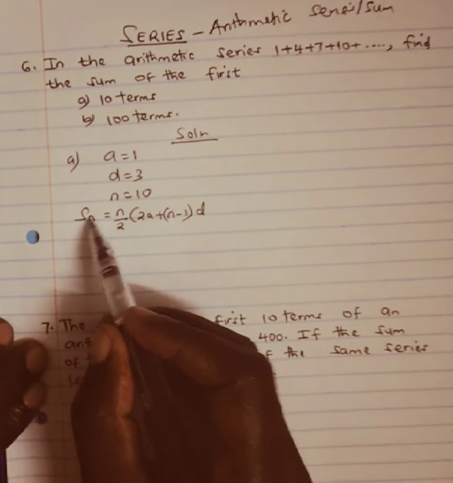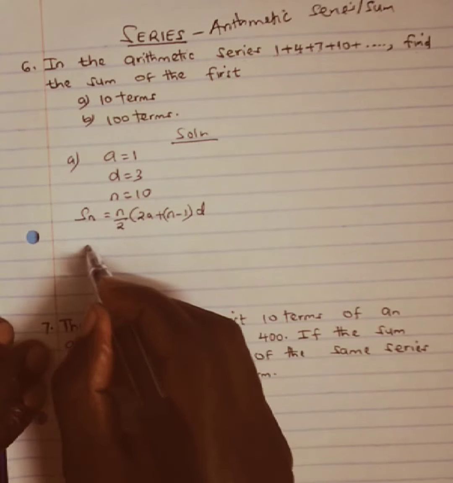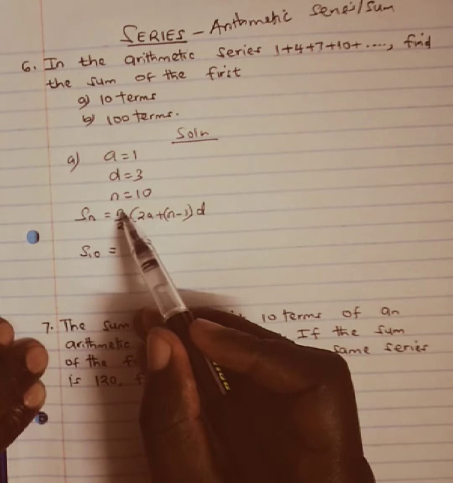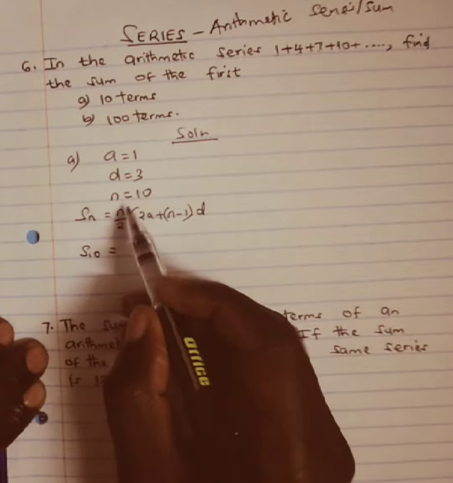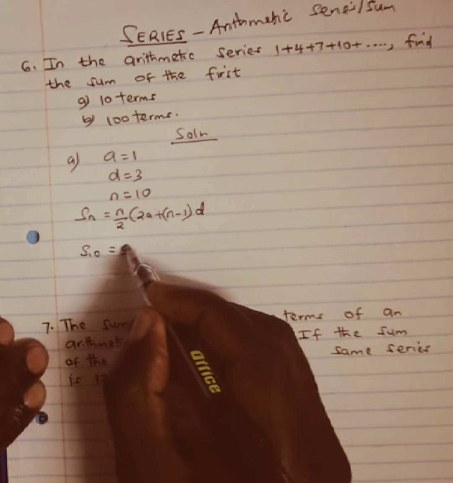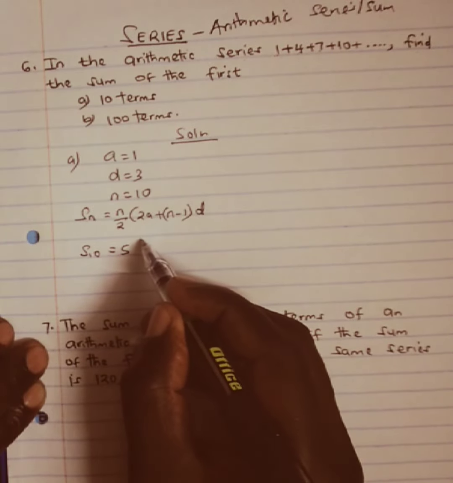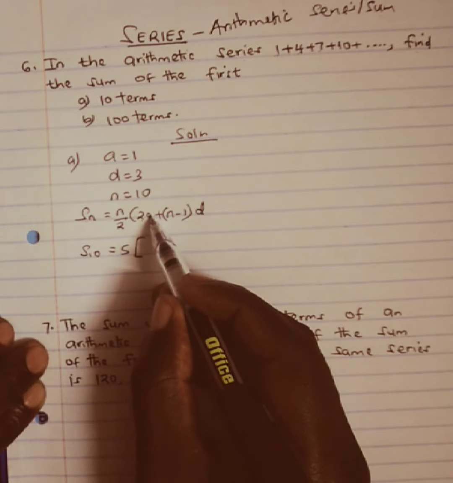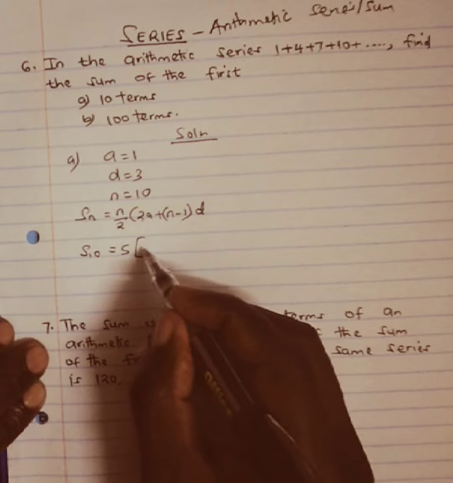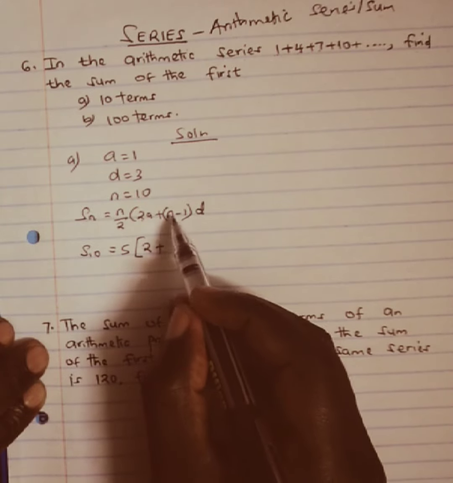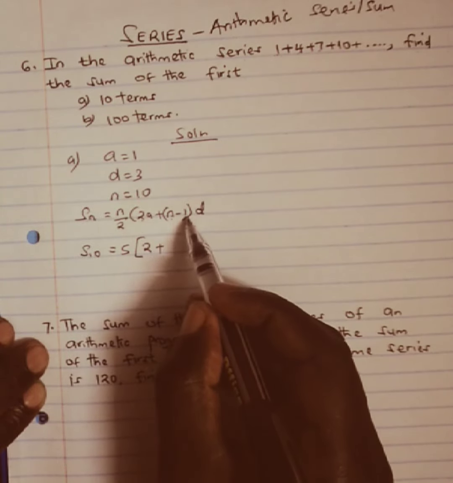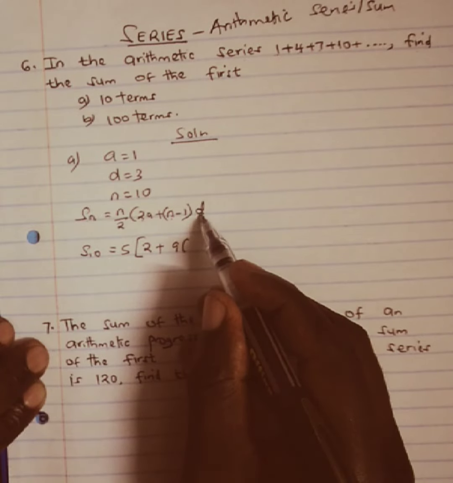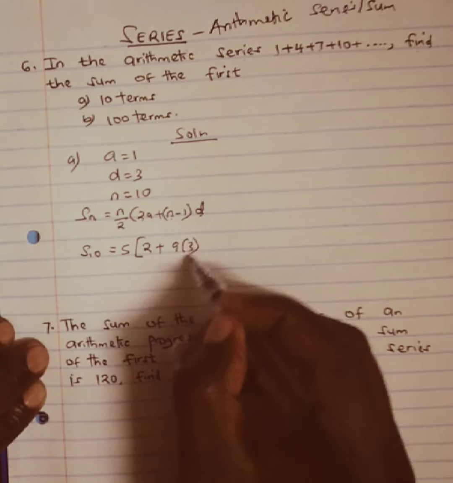And in this case now, since n is 10, we want the sum of 10 terms, and this one is going to be equal to n, which is 10. So 10 divided by 2, you get 5, into, we have 2 times a is 1, so this one is going to be 2 plus, n is 10, 10 minus 1, you get 9, then we multiply by the common difference, which is 3.